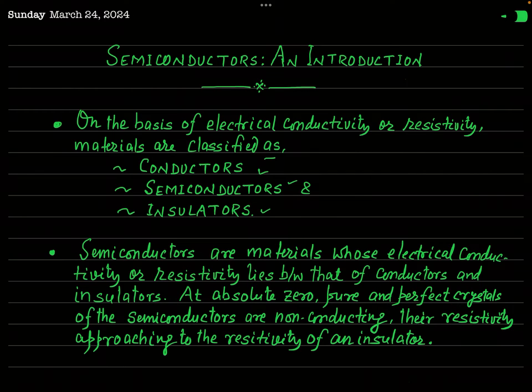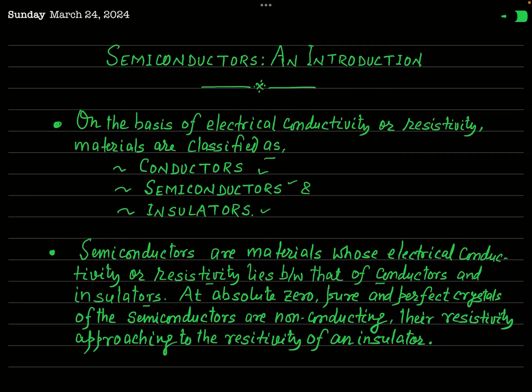So how can we define this type of material, which is called a semiconductor? You can easily see, if the electrical conductivity or the electrical resistivity of a material lies between the electrical conductivity and electrical resistivity of conductors and insulators, then those materials will be called semiconductors. What does it mean?